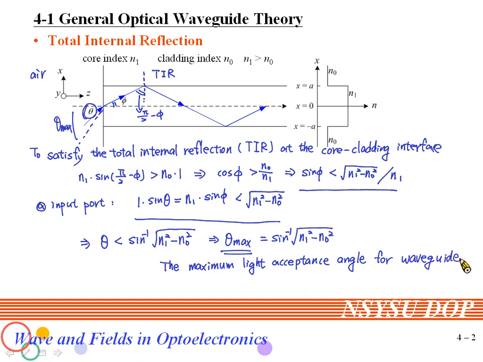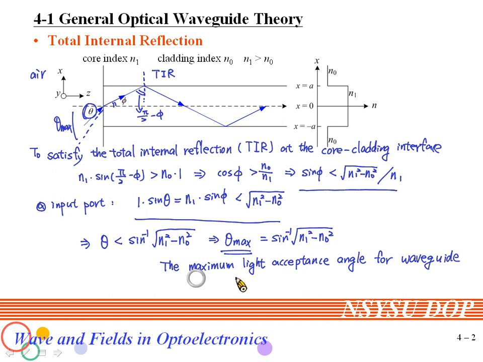For an incident angle smaller than theta max, it can enter the waveguide and induce TIR. For an incident angle larger than theta max, it cannot induce TIR, so it cannot be transmitted by the waveguide.